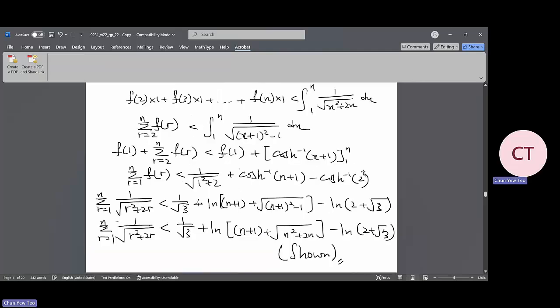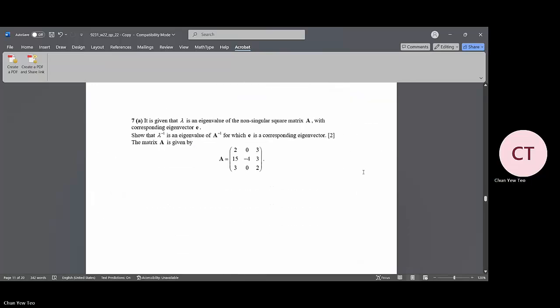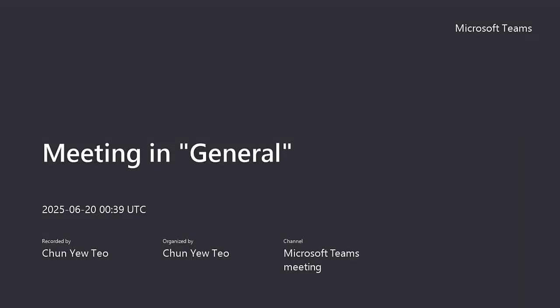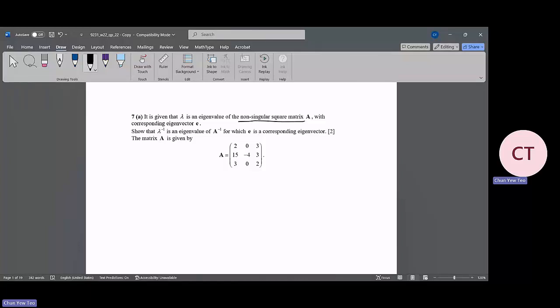Okay, so this will be the answer for question number 6. Move on. We have question number 7. Square matrix, with corresponding eigenvector E. Non-singular means the determinant is not equal to 0.